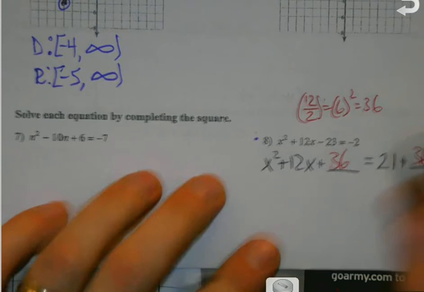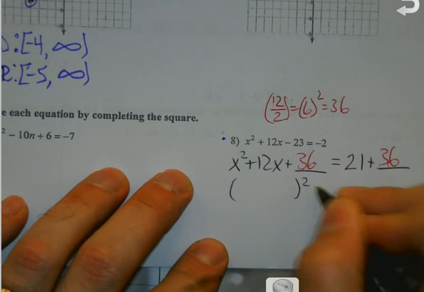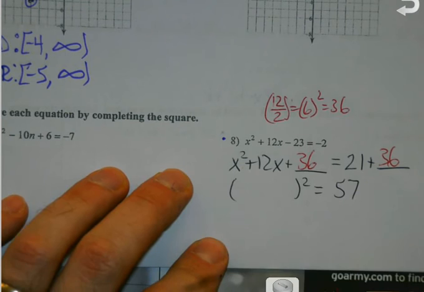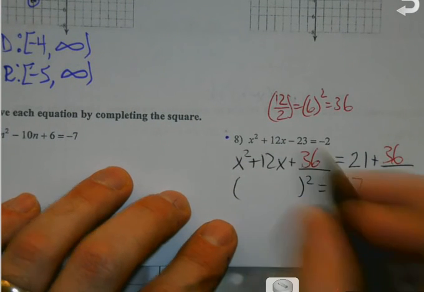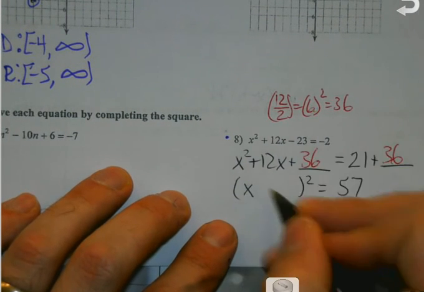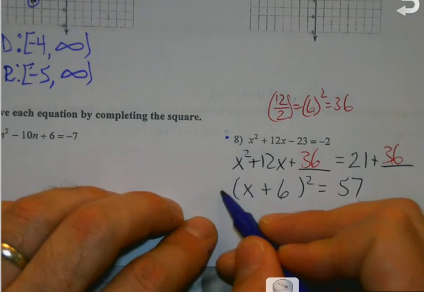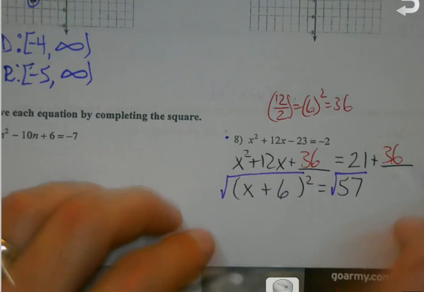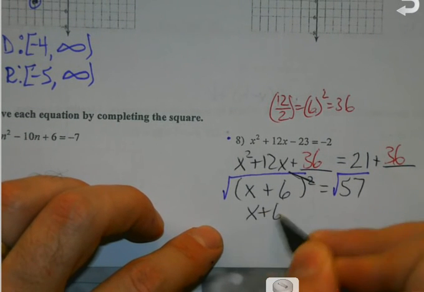Once I've done that, I'm going to take that perfect square trinomial and get it into its binomial form, which basically is just taking my b divided by 2 number in here, and now I'm solving this equation. Take my square root. Here comes the detail portion of the problem.